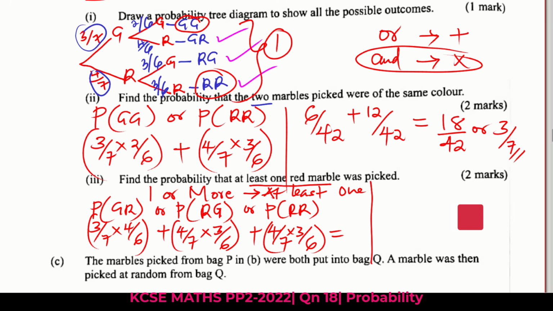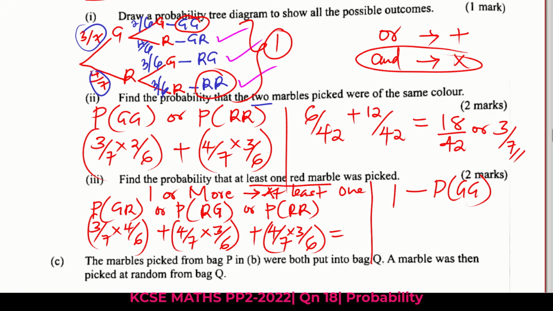So since the sum of the probabilities is 1, if you subtract the probability of picking green and green, you remain with all the other 3 outcomes: green red, red green, and red red.